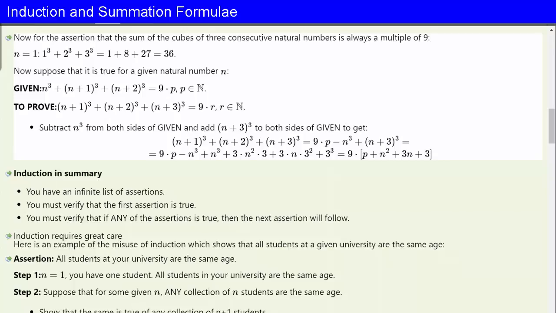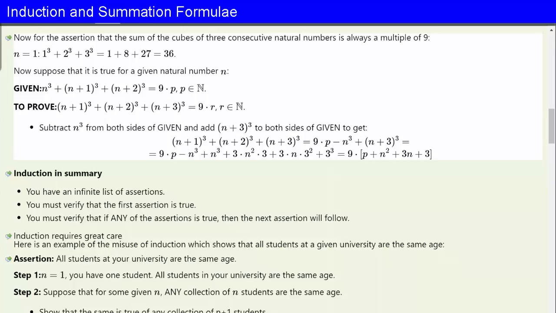We now have to prove that from this it follows that the formula will hold for the next natural number n plus 1. That is, we must prove that n plus 1 cubed plus n plus 2 cubed plus n plus 3 cubed is 9 times some natural number r.